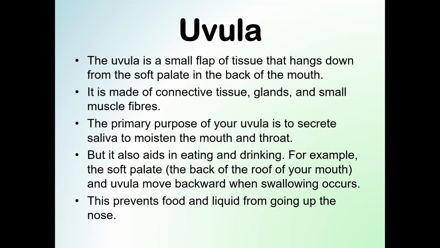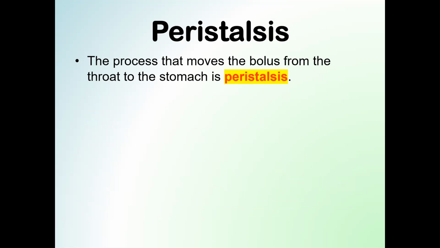Now, I don't know if you've had the experience when you start coughing, and you cough and you cough, and you were drinking something like water, it could be anything, and then it comes out through your nose. That's when things go a little bit awry, but under normal circumstances, nothing goes in the wrong place.